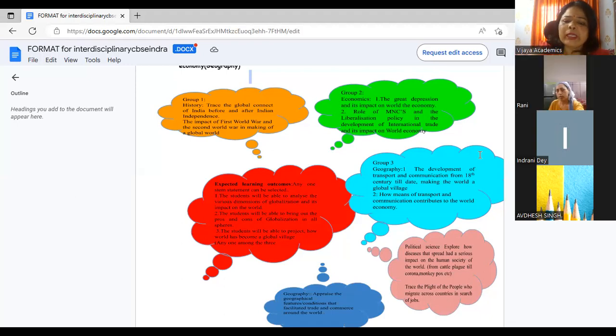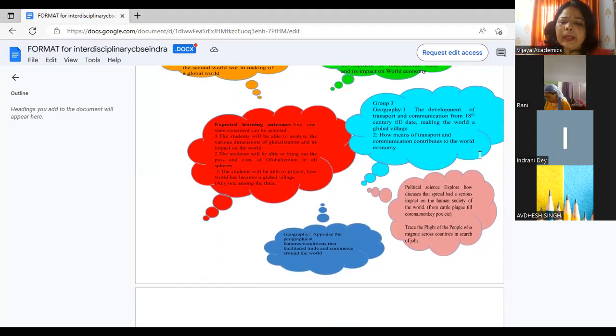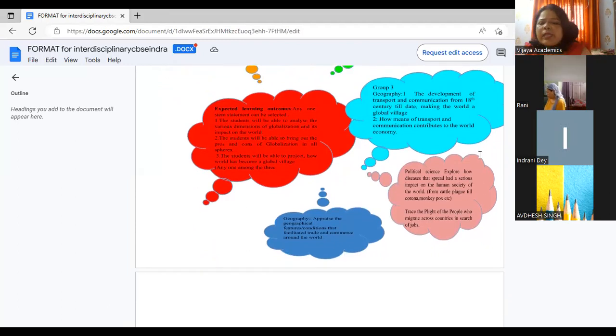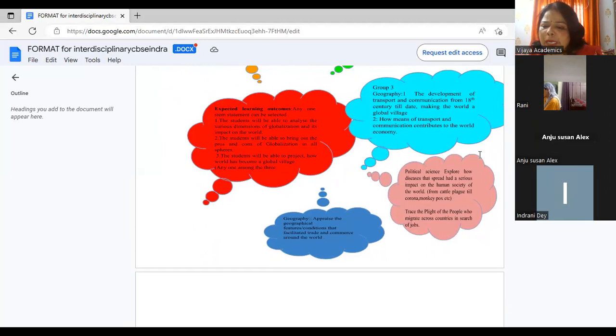Again, a downside has been given, that is political science. Political science explores how the diseases that spread had a serious impact on human society across the world, from cattle plague to corona, monkeypox, etc. So this topic is related to political science.